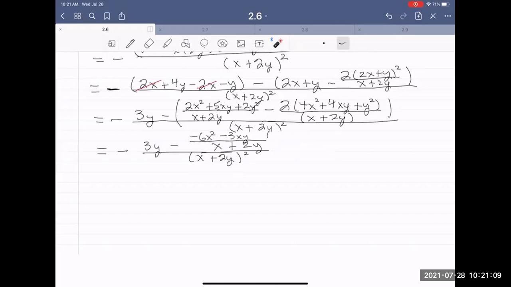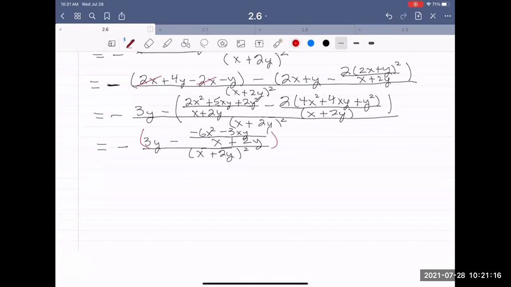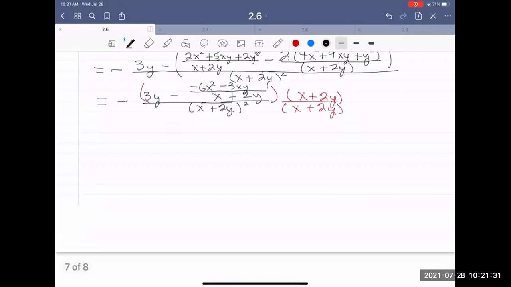So let me get rid of the denominator. So let's multiply and divide by x plus 2y. And so this is equal to minus. So let's multiply the 3y times the x plus 2y.